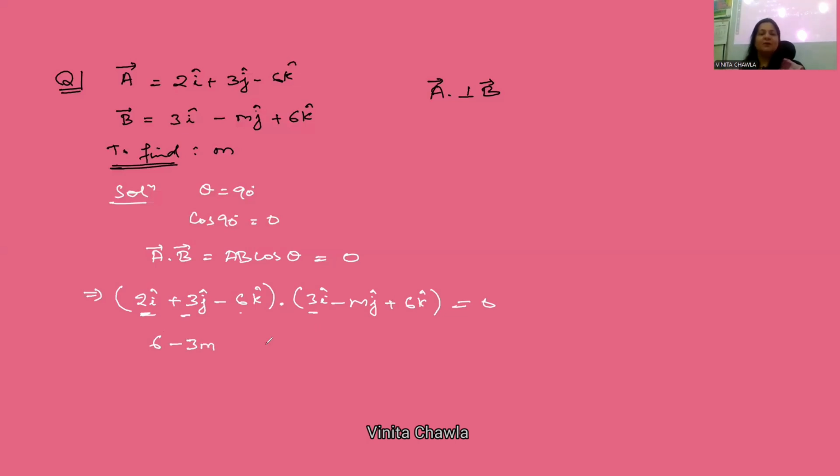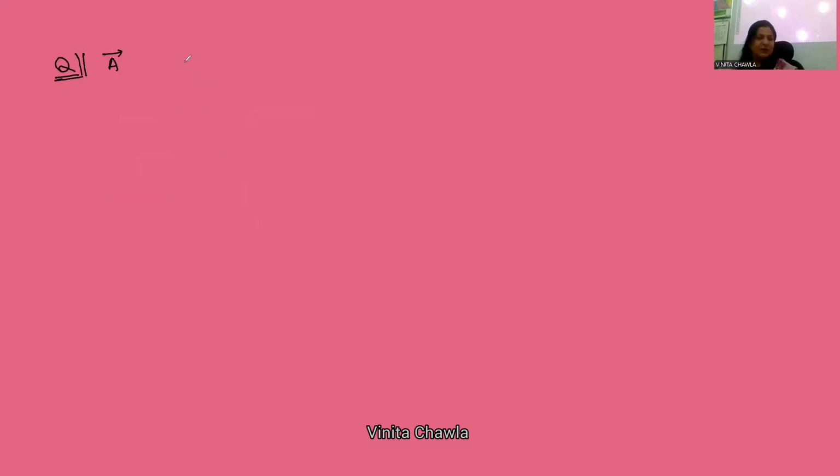Minus 6 multiplied by plus 6 is minus 36, is equal to 0. This implies minus 3m minus 30 is equal to 0, and m is equal to minus 10. Write the answer.